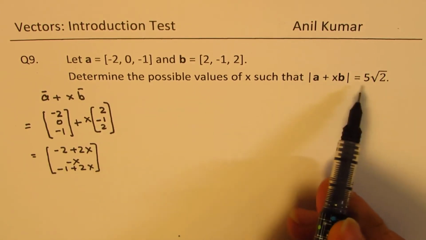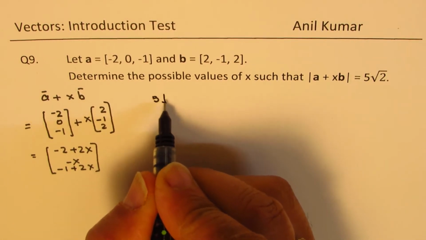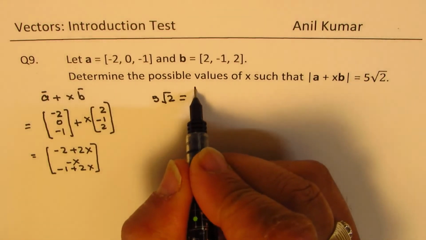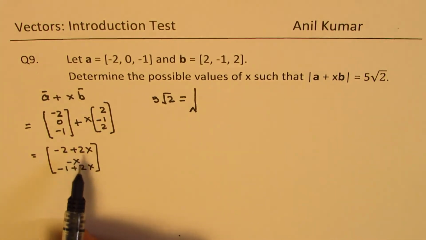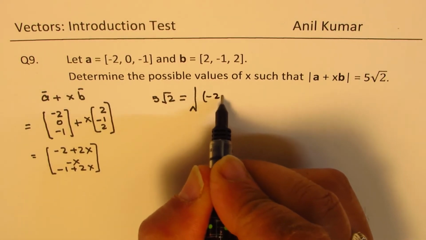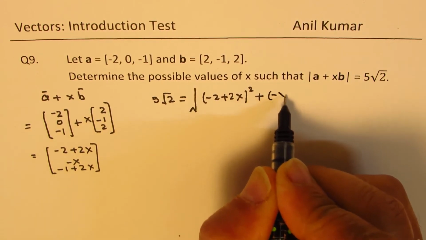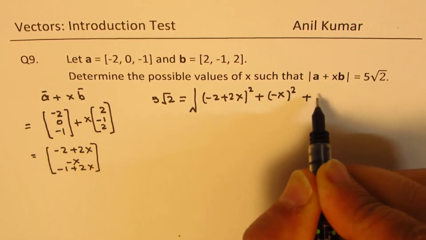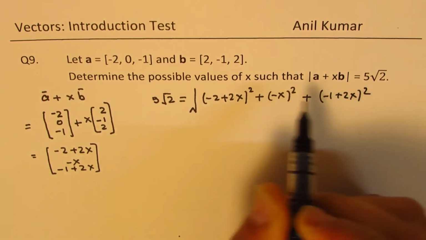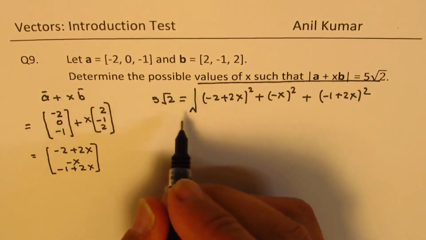Now when we say magnitude, that means this magnitude 5 square root 2 is equal to the square root of the sum of the squares of these, right? So (-2 plus 2x) squared plus (-x) squared plus (-1 plus 2x) squared, all under the square root. We can now square both sides.